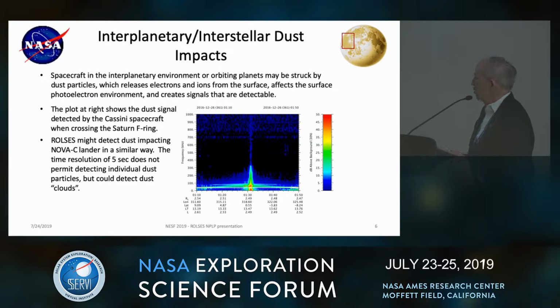And in this plot from Cassini, you see what the radio instrument sees when it flies through Saturn's F-ring. So ROLSES might detect dust impacts on the lander or on the antennas if it's a cloud. Our time resolution is not designed to detect individual dust particles, but it could detect clouds of dust.